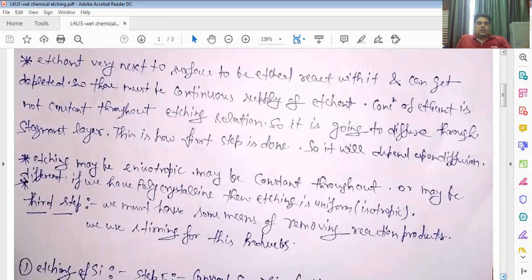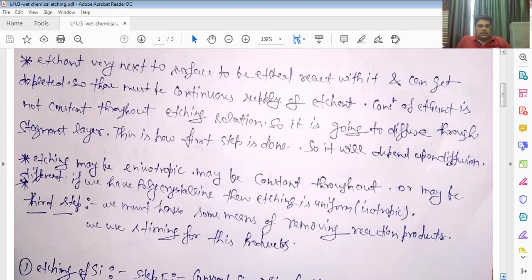Now etching may be anisotropic, or may be constant throughout. If we have polycrystalline surfaces, then etching is uniform, that is isotropic. So depending upon the substrate that you want to etch, you will have isotropic or anisotropic etching.